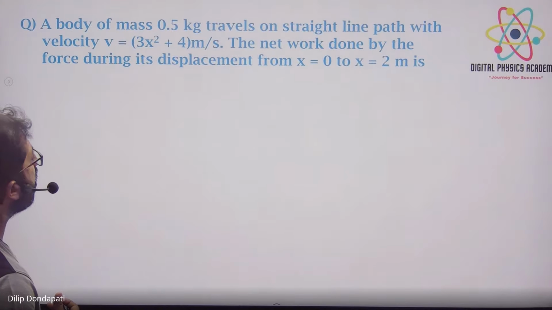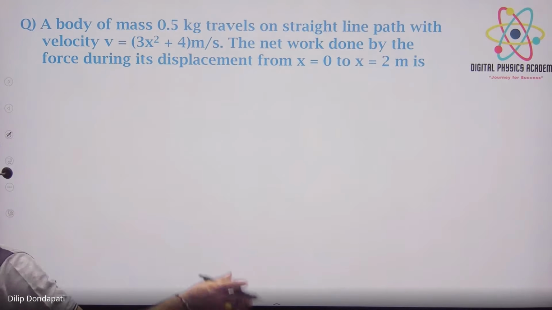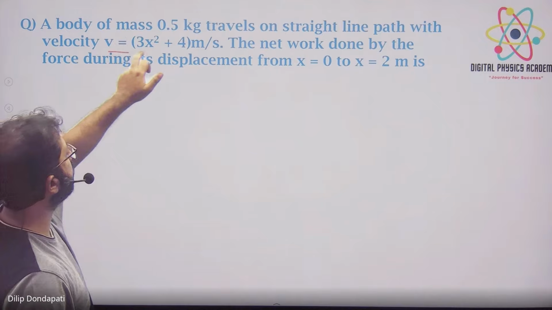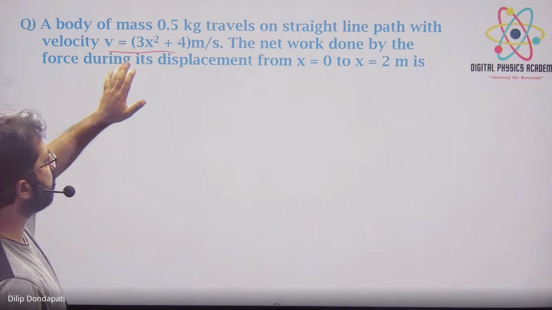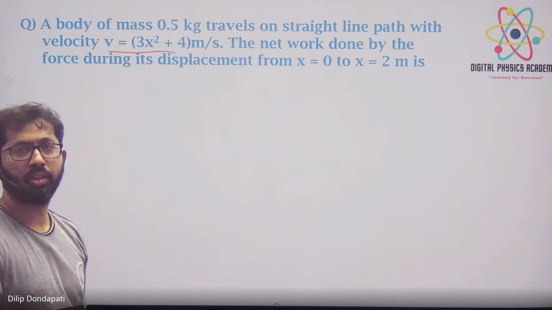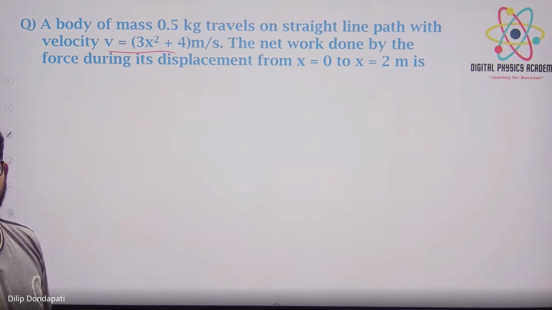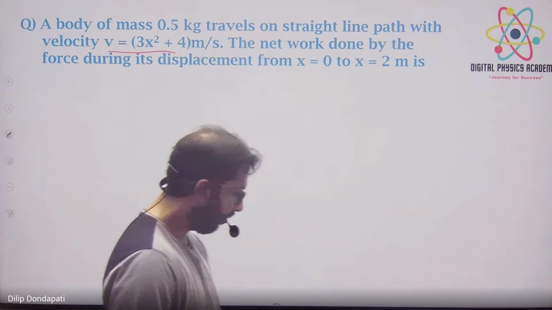A body of mass this much travels along a straight path with velocity given in terms of displacement. Net work done by the force during a displacement of 0 to 2 meters. I want work done. Find it.